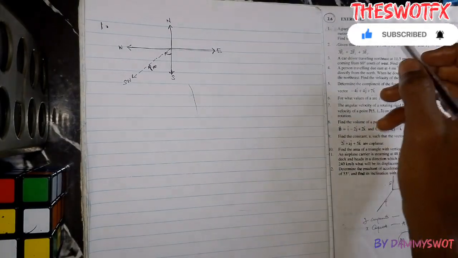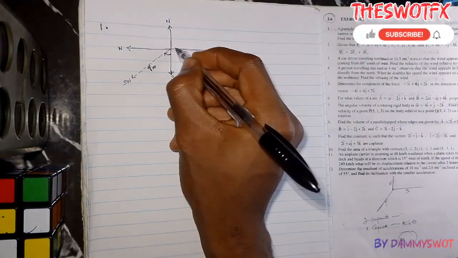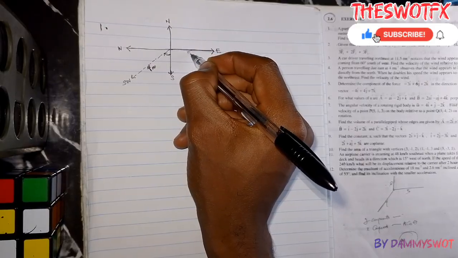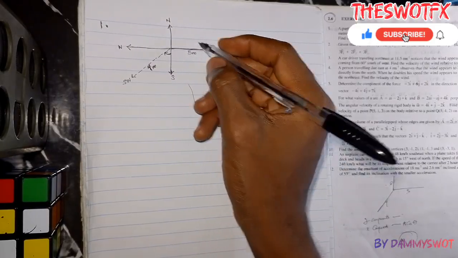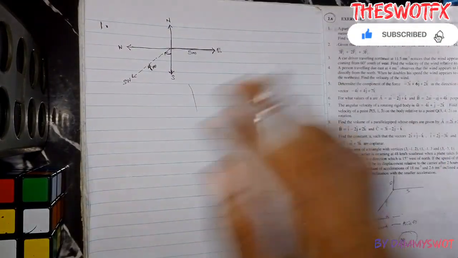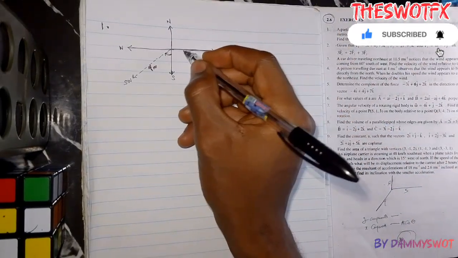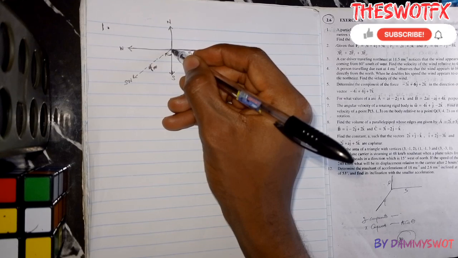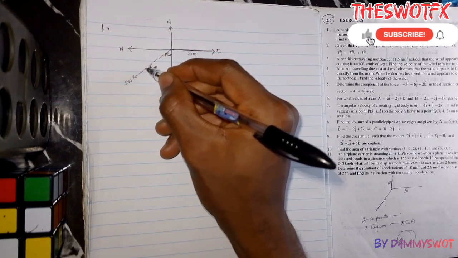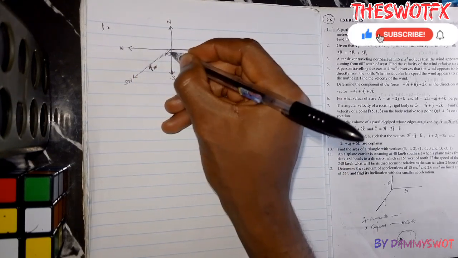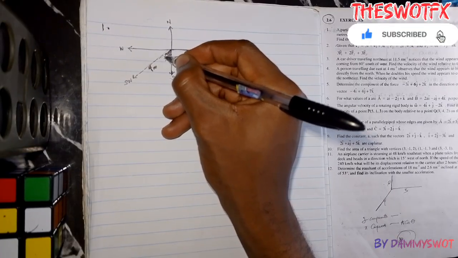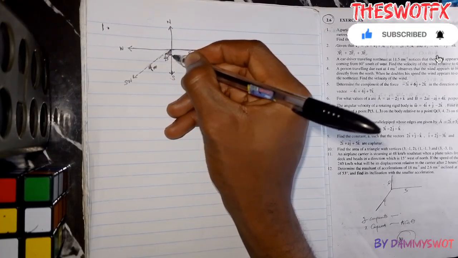Then we have 5 meters east, on this straight line, and the angle for this one is equal to 0. For the southwest one, it's shared equally between west and south, so here we'll have 45 degrees.